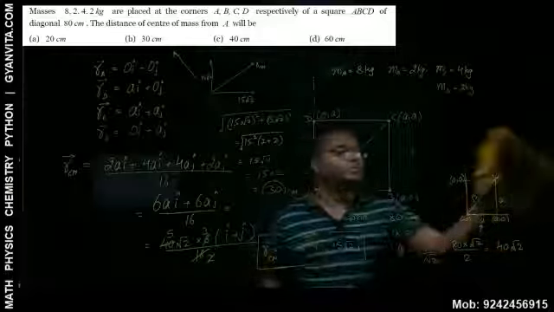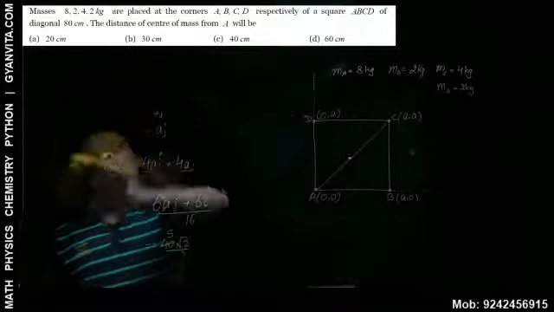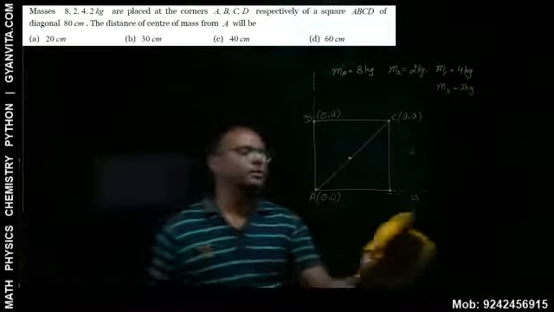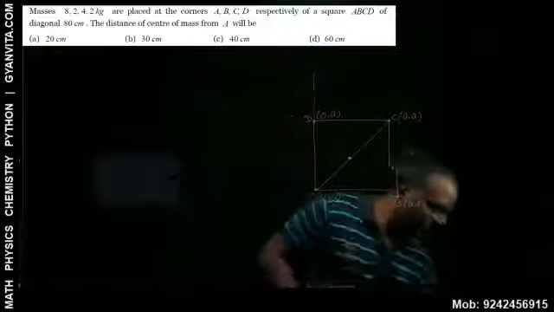Now we have solved it, but now we'll see a few fine details here which will help you in verifying whether your answer is correct or not later on. So you have 2 kg and 2 kg here.